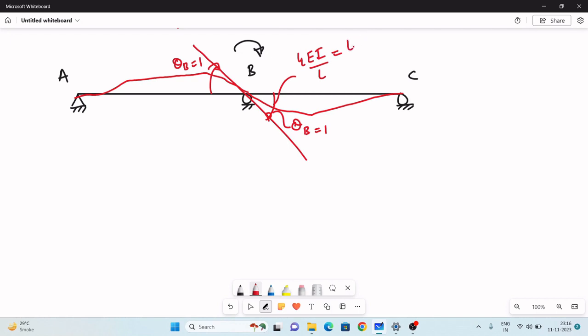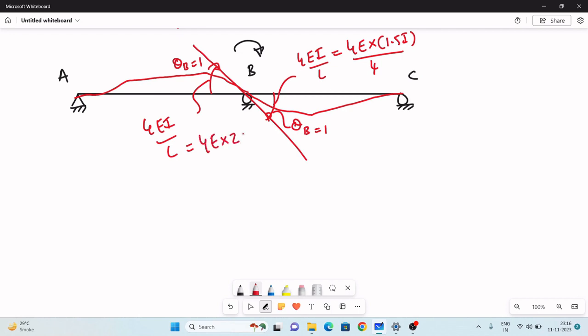You have to consider 4E into 1.5I divided by the span of BC, which is 4 meter. Here also you will get 4EI by L, but this is with respect to span BA. So 4EI by L, where moment of inertia for span BA is 2I.